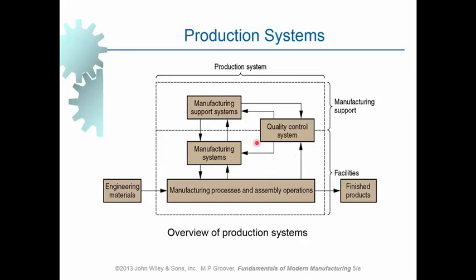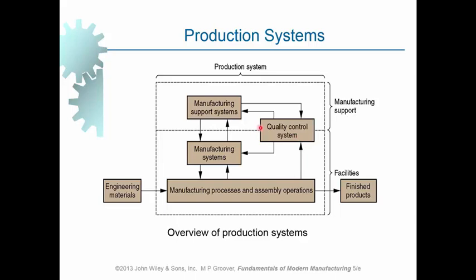And also the quality control systems are the ones to be used in order to see whether the parts that we are producing are made to the pre-specified dimensions and shapes. Are they acceptable, or are they not?